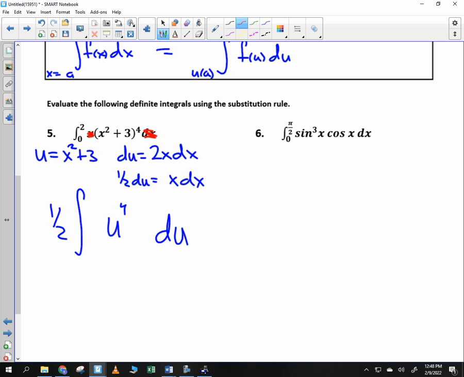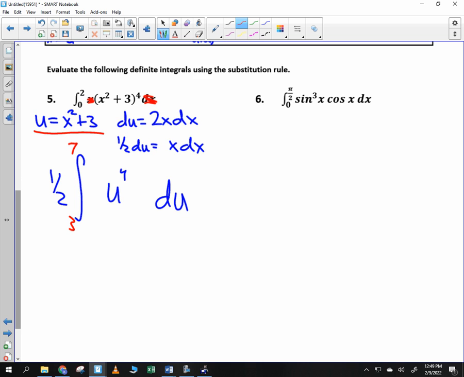So I can't use 0 and 2. So what do I use? I use 0 plus 3, which is 3. And I use 2 squared plus 3, which is 7. That's it. That's all I'm teaching you today.